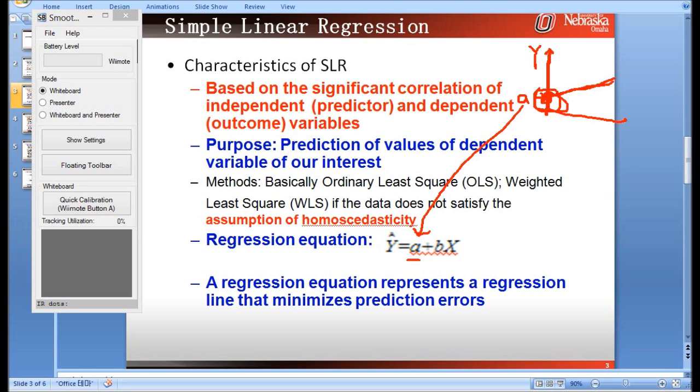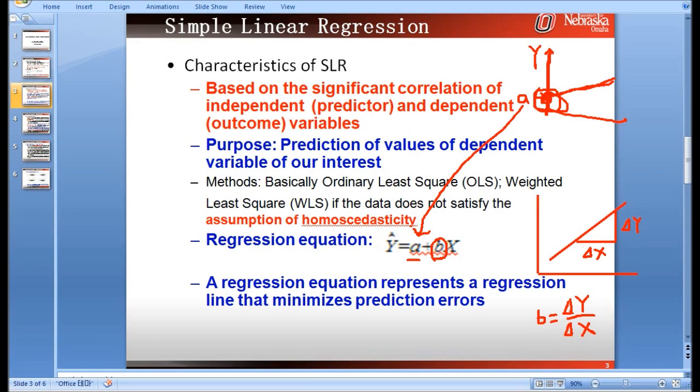The component of this regression equation. Meanwhile, B here, which is the regression coefficient, is the slope of the regression line. Please recall your memory from middle school or high school about the slope.